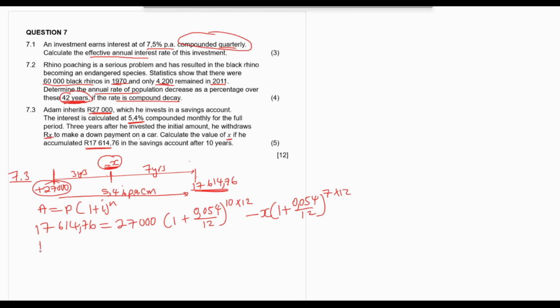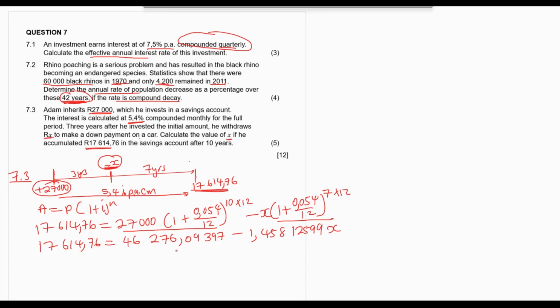And then 17,614 rand 76 is equal to, this will give us 46,276.09397. Do not round off, use it as it is. Then minus, and this will give us 1,458.12599, then x.